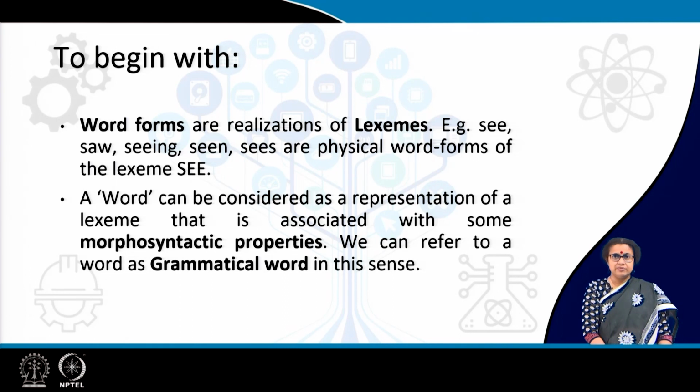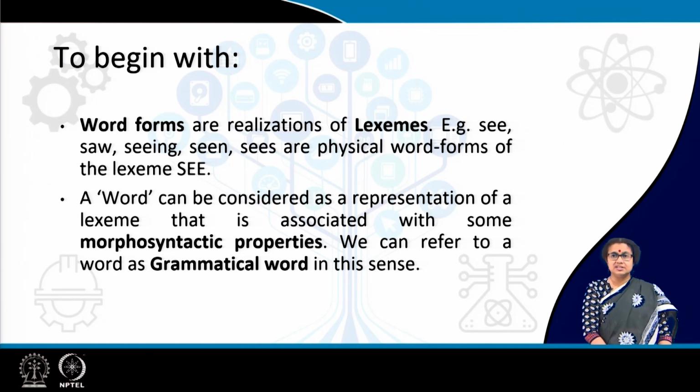In the last class, we were talking about the difference between word forms and lexemes, if you remember. So, basically we did say that word forms are realizations of lexemes, and lexeme is an abstract idea, if you remember from the last class. We also discussed some examples.